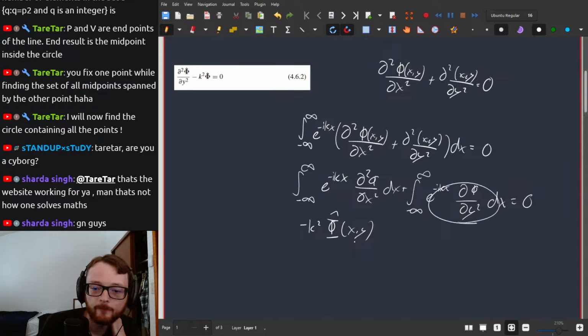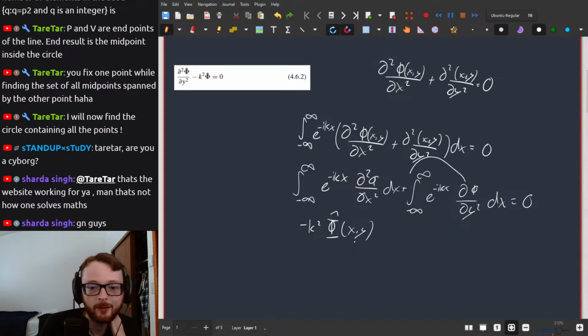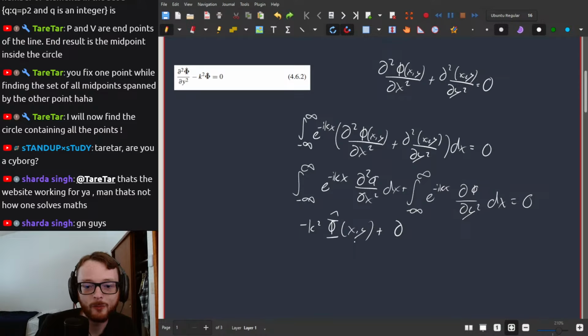This one, we have to take the second derivative with respect to y all the way out front. And this is integration in x. So I'm going to say that's a typo that they made. Or else I'm really not understanding something. And the rest is just the Fourier transform of phi.